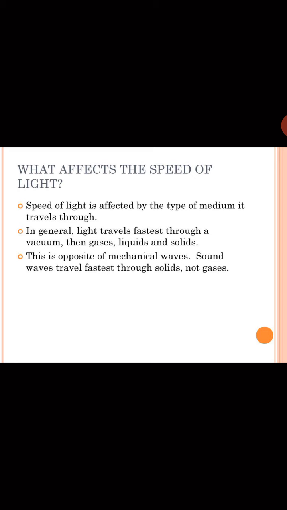Then the speed of light becomes less in liquids, like when light falls in water or in rivers, the speed is reduced, and if light falls on solids, then the speed of light is the least. So light travels fastest through a vacuum.